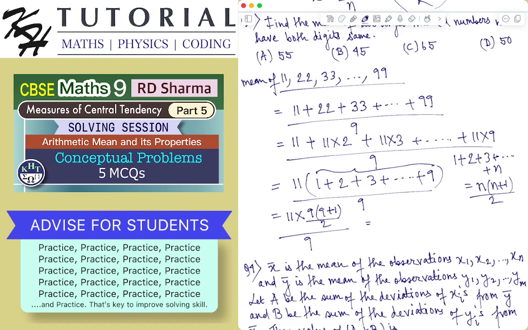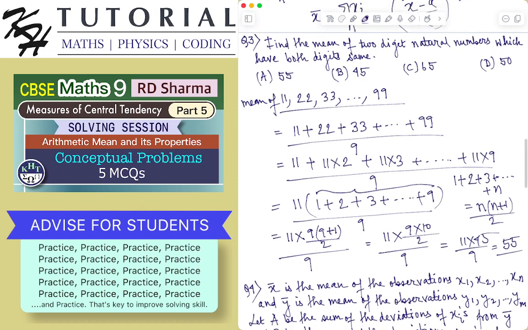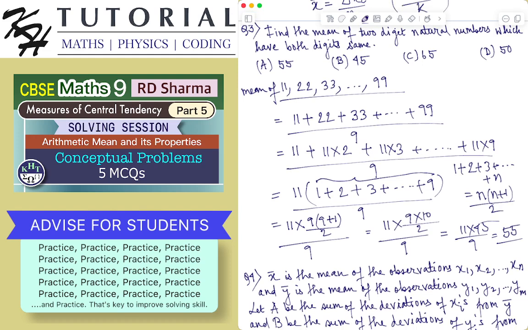So this is equal to 11 multiplied by 9 into 10 divided by 2 whole divided by 9, which is 11 multiplied by 45 by 9, and this is equal to 55. So the mean of all 2-digit natural numbers where both digits are the same is 55.